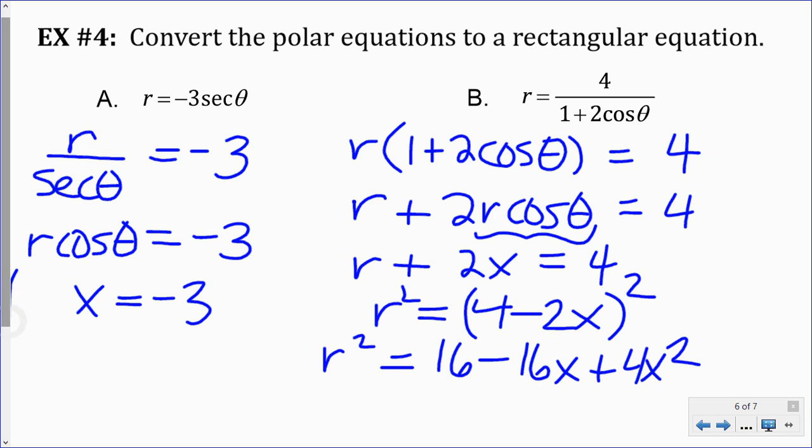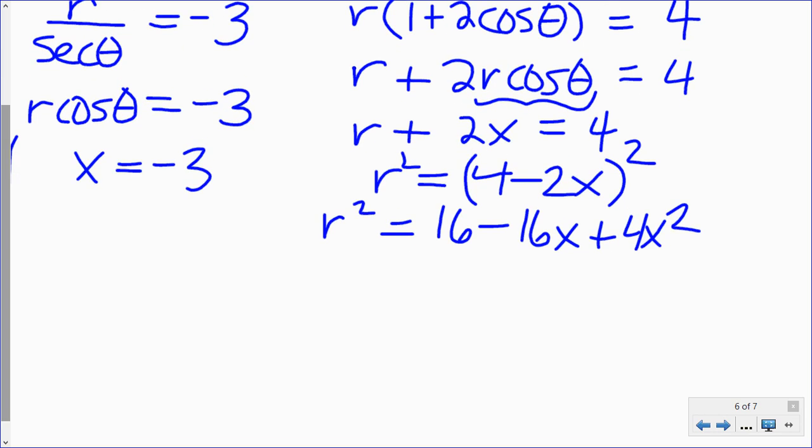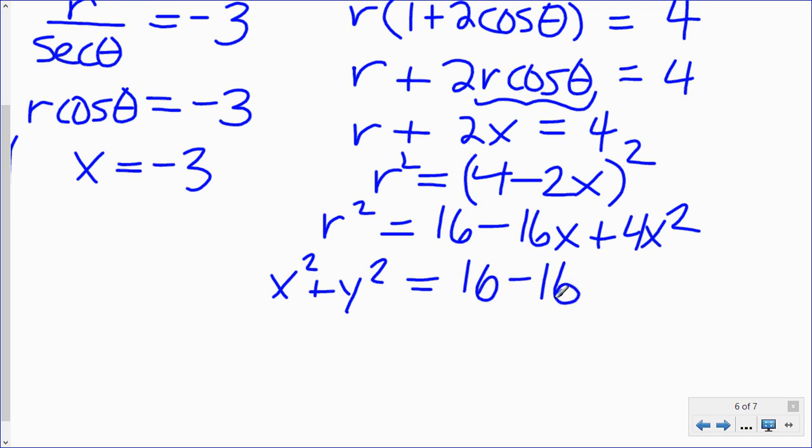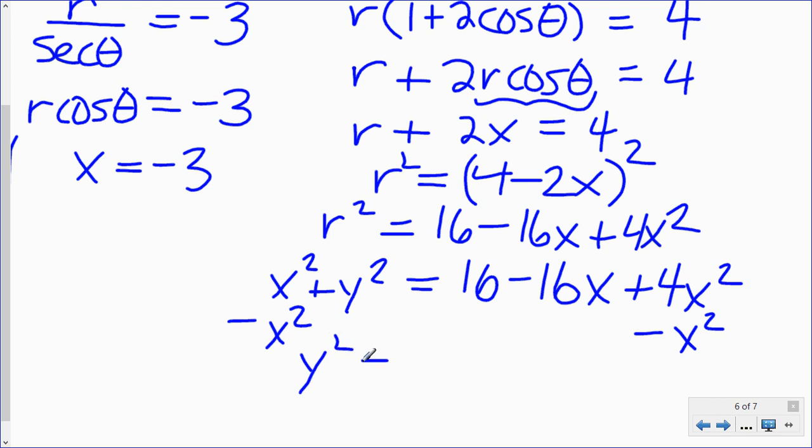Then I can replace r squared with x squared plus y squared. And then all I have to do is just solve for y. So then I can just subtract the x squared, and we'll get y squared equals 16 minus 16x plus 3x squared.